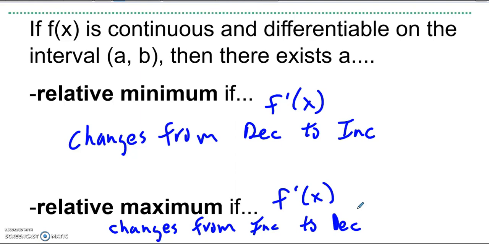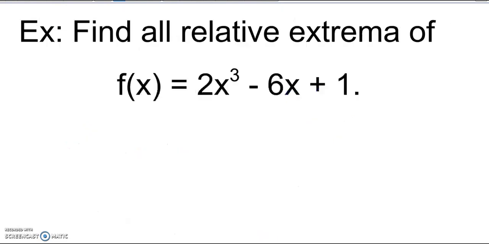So let's try a couple examples with this using the first derivative test. Find all the relative extrema of the function f of x equals 2x to the third minus 6x plus 1. So just like we were finding the open intervals, we're going to take the derivative of our function. So we'll get 6x squared minus 6.